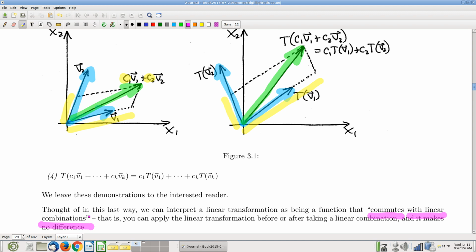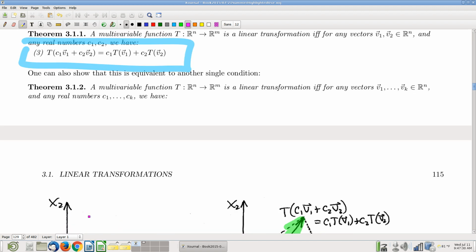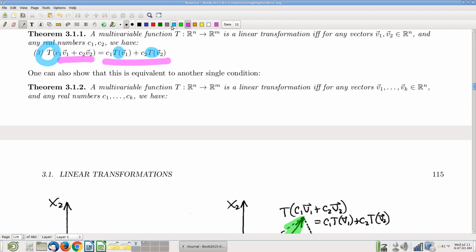And what we're saying is that those two things you can do in either order. Here, let me go back to the algebra. You can take the linear combination first and then plug into the function, or you can plug into the function first and then take the linear combination, and you would get the same thing either way.